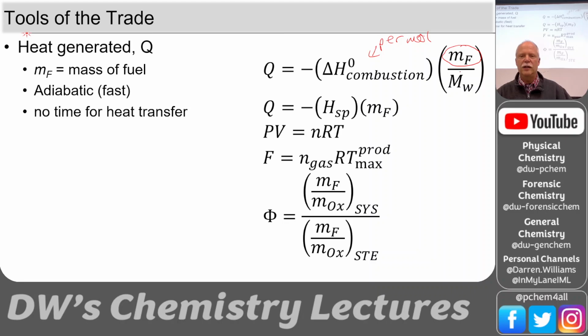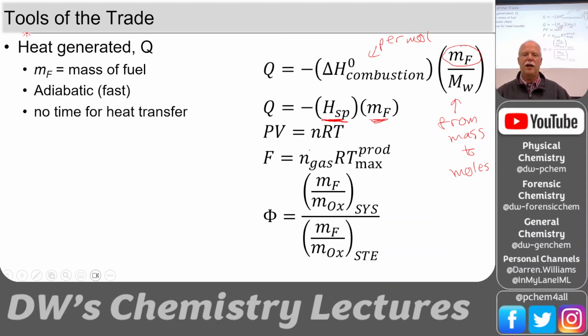And so what we're doing is essentially we're converting this over to moles of fuel. So this is a conversion from mass to moles. If we have the specific heat, then it's per gram already, and so we can just use the mass and multiply by the specific heat. Okay, so that's how much heat is given off by the system.